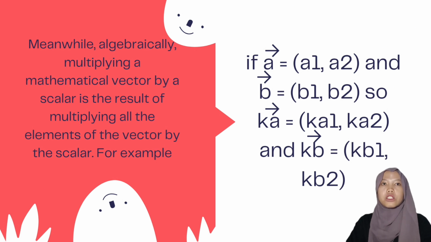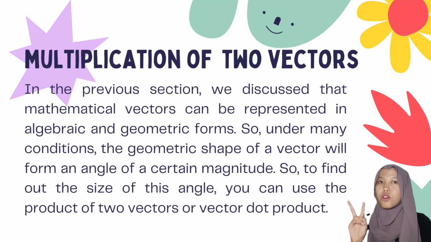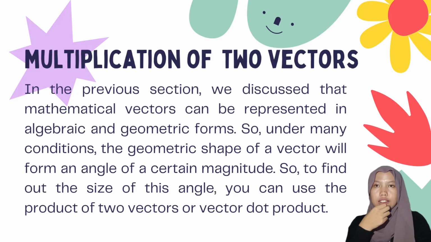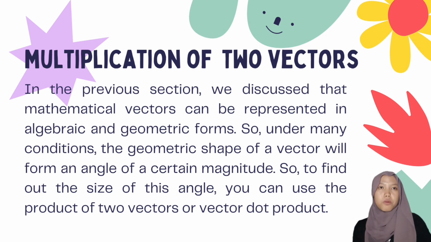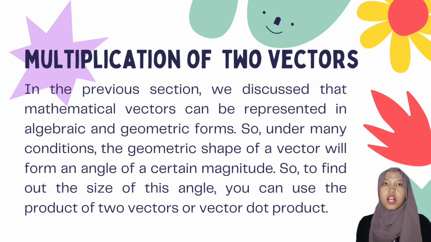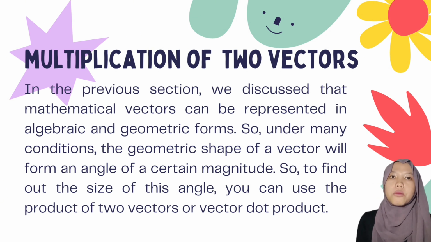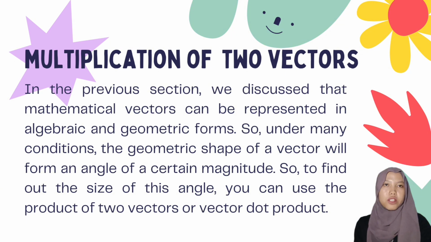Next is multiplication of two vectors. In the previous section, we discussed that mathematical vectors can be represented in algebraic and geometric forms. So, under many conditions, the geometric shape of a vector will form an angle of a certain magnitude.